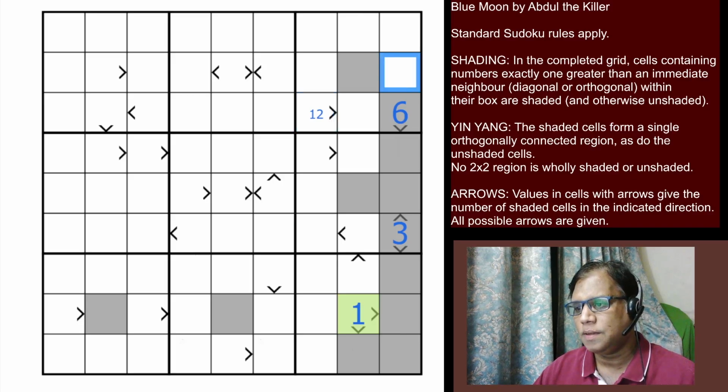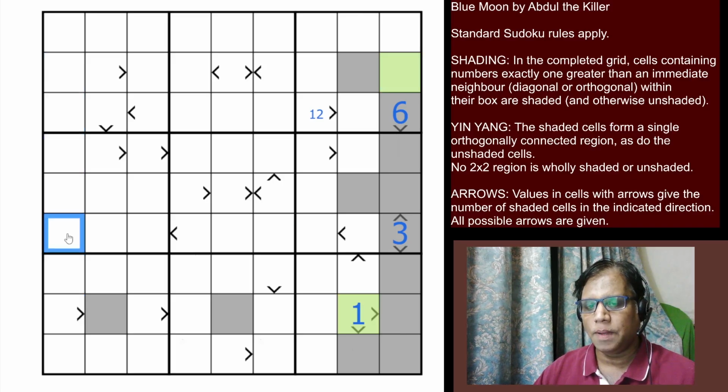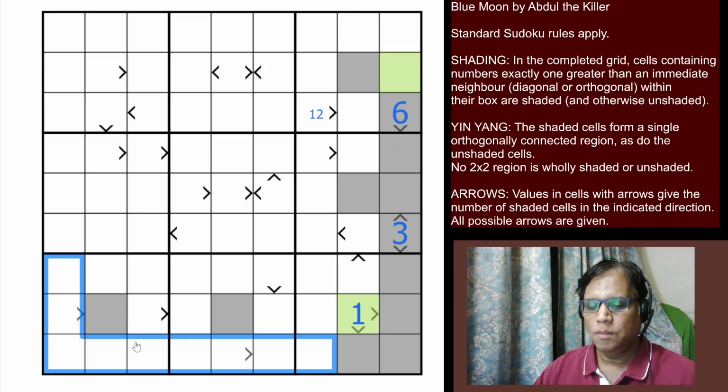That means this is definitely unshaded. So now we got 1 unshaded. So wherever there is unshaded, for example, if this is unshaded, we find out all this will be unshaded, and then the rest of this will be shaded, because only one strip of each color is allowed.